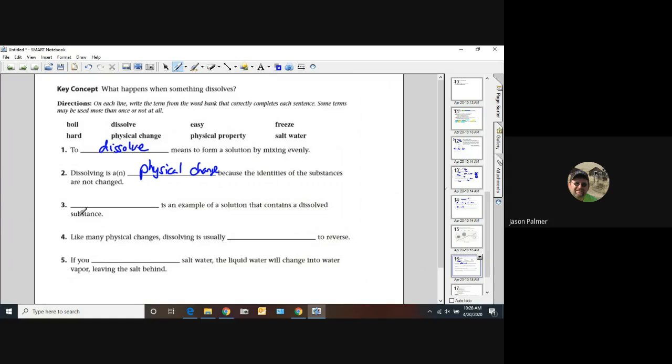Blank is an example of a solution that contains a dissolved substance. Salt water. Like many physical changes, dissolving is usually easy to reverse. If you blank salt water, boil.